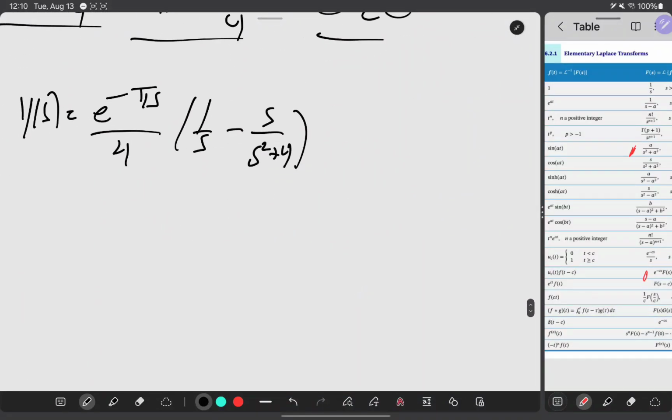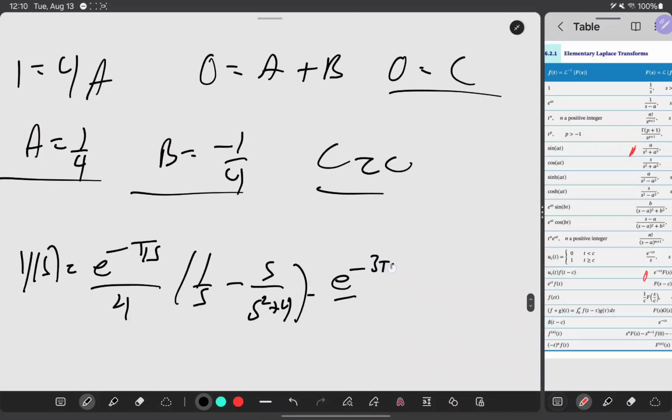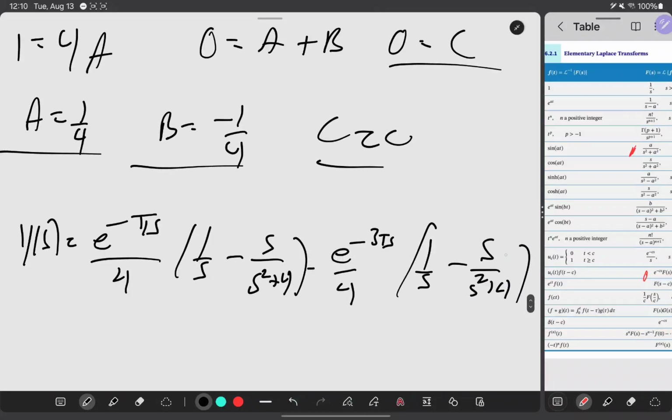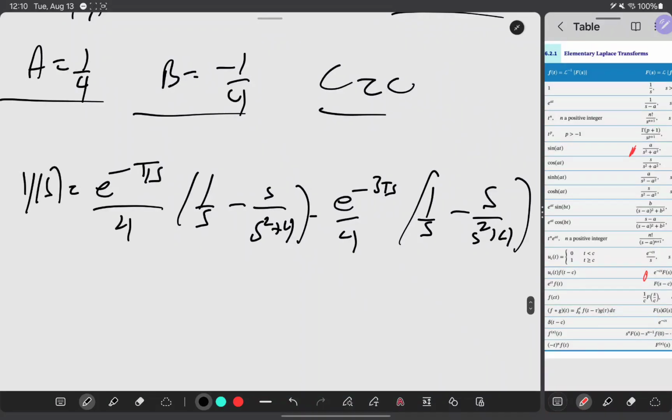We just take out this instead. What was it, 3? Yeah, 3 pi s. Same thing on the inside. That is a 4 and that is a 2. That's an s, right? Yeah.